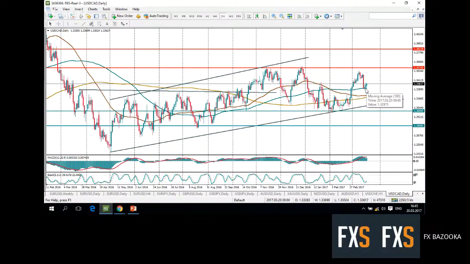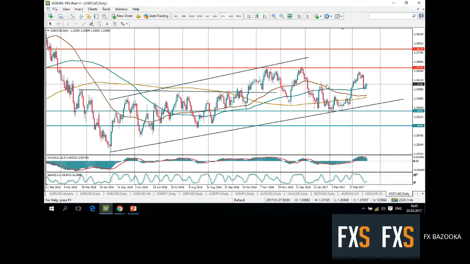For US dollar, Canadian dollar, the pair found support at the 100-day moving average in the area of 1.33, and above this level the pair can show some consolidation between here and 1.35 mark, as oil prices are declining on the increased output from the United States, and this may be the case of oil dynamics this week.